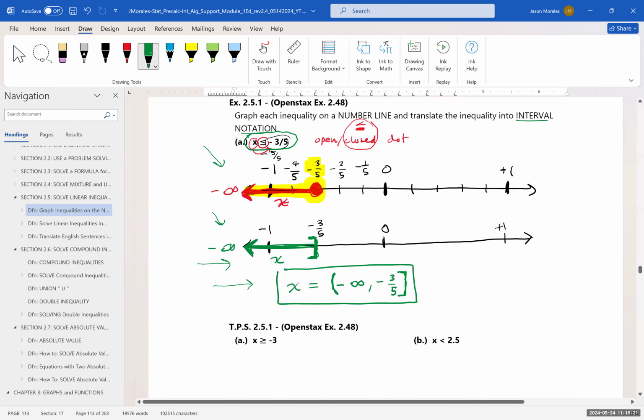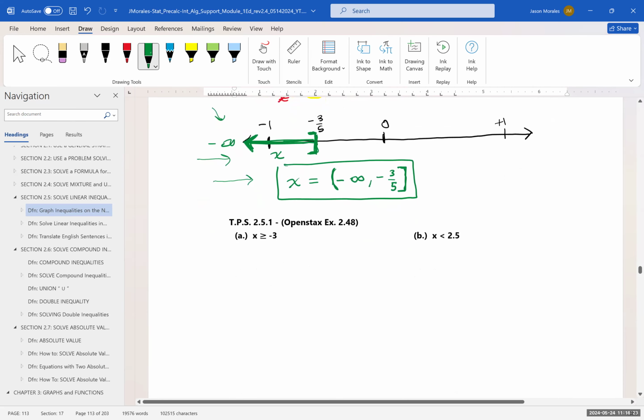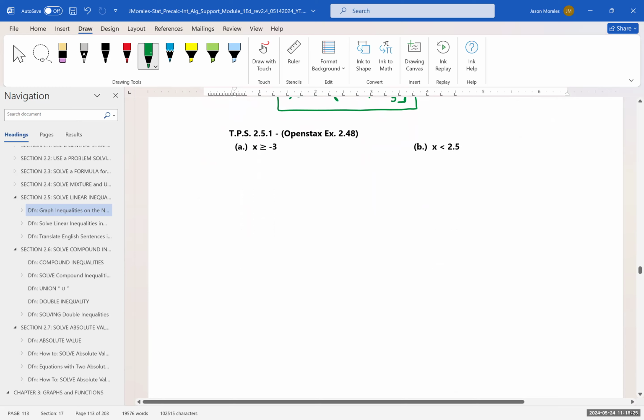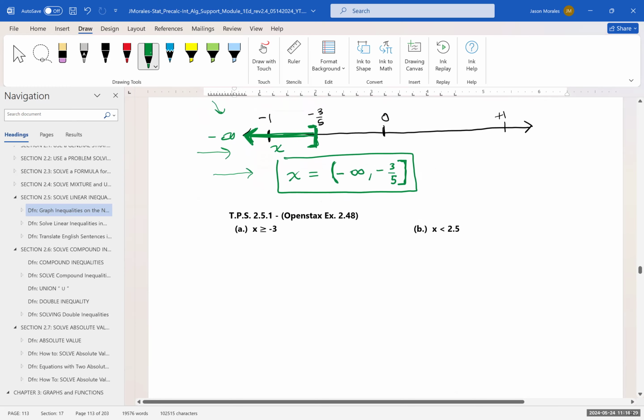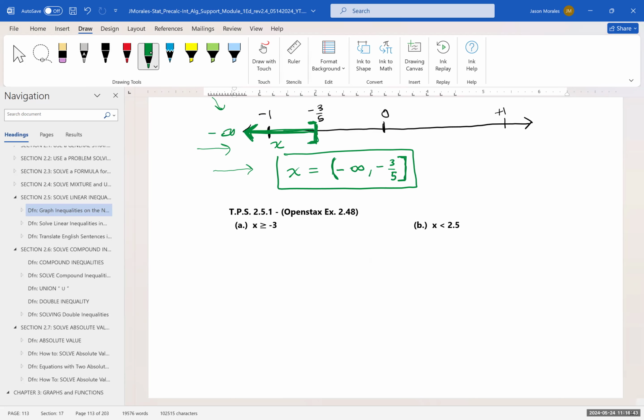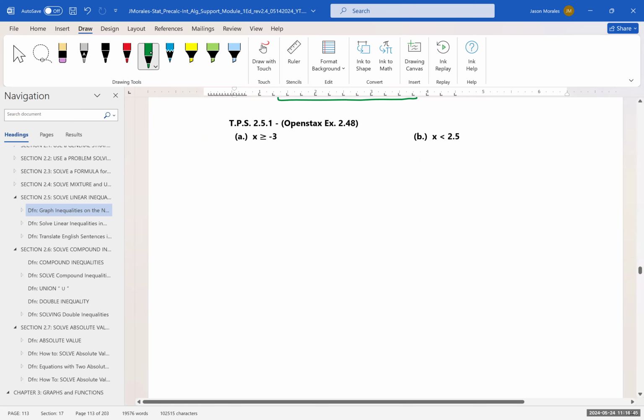So with that example as a model, use it to graphically represent both of these inequalities in this think pair share, 251 A and B, and also come up with interval notation for the solutions for both of those. Give that a try.